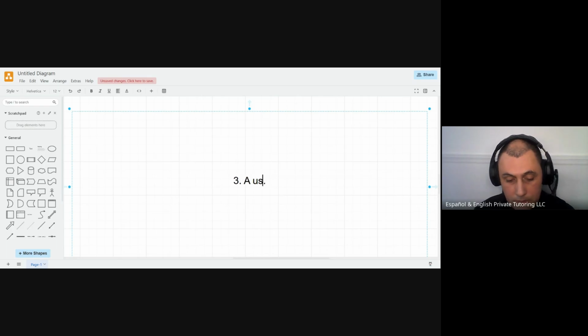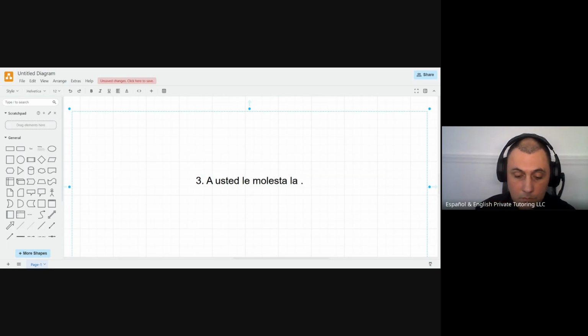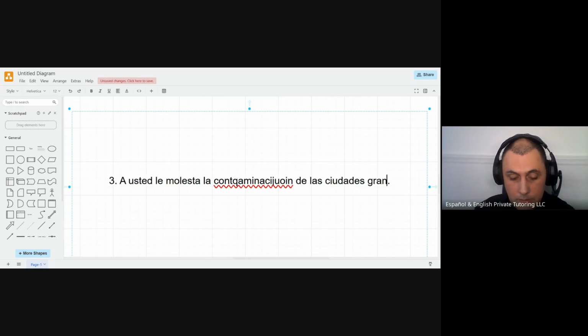A usted le molesta la contaminación de las ciudades grandes.